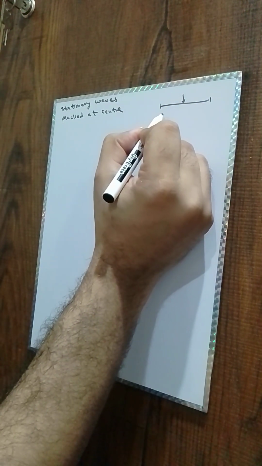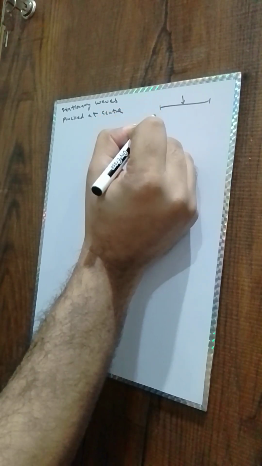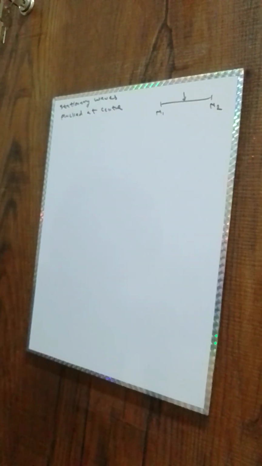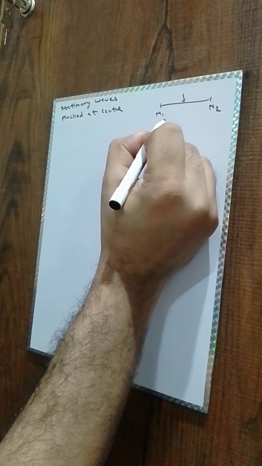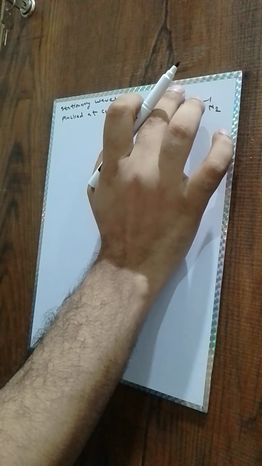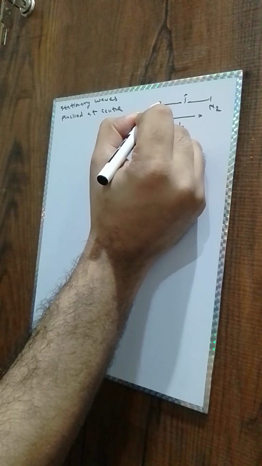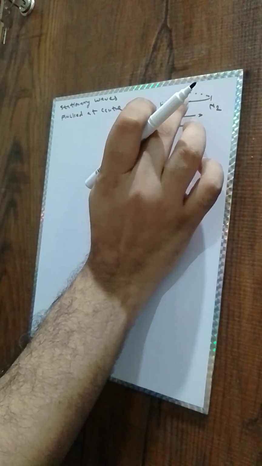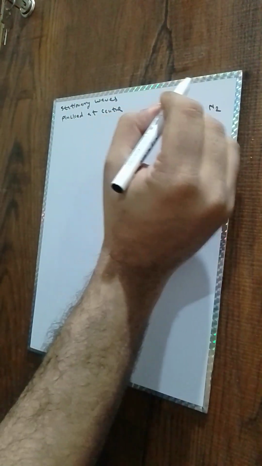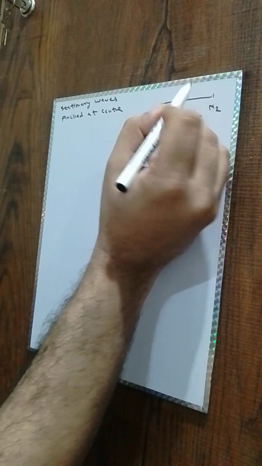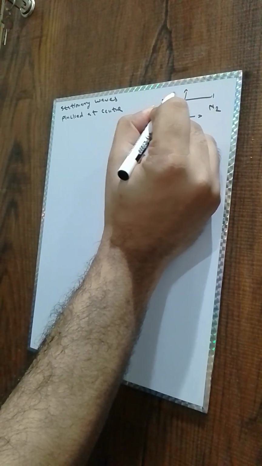Okay, so we have this string and we are plucking it here in the center, and this is node 1 here, and this is node 2, and between the nodes we have the length L. When we pluck the string in the middle, what we're basically doing is something like this.